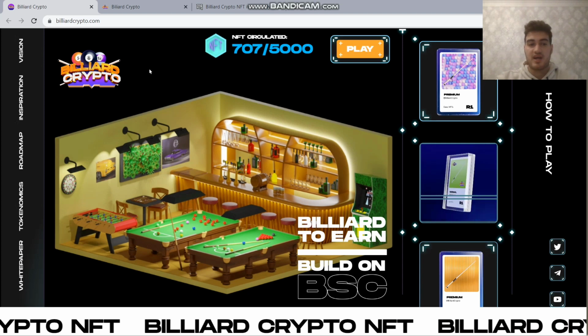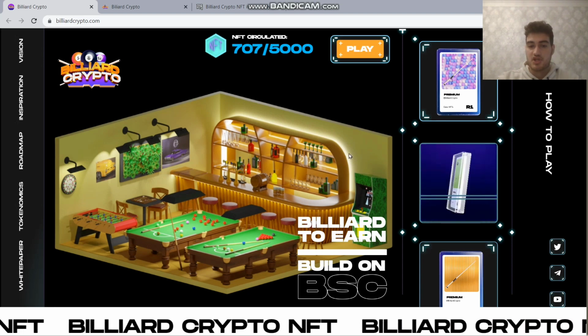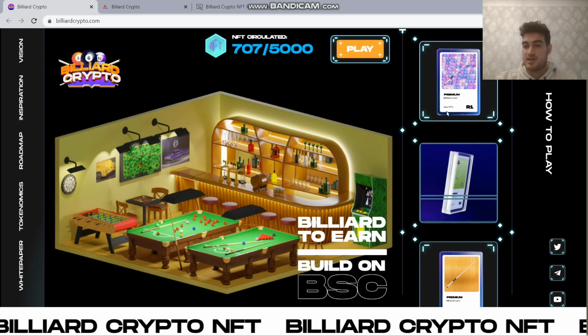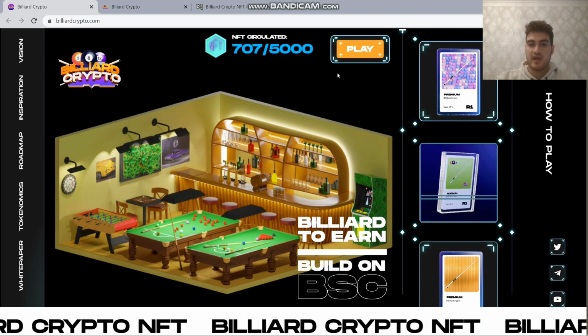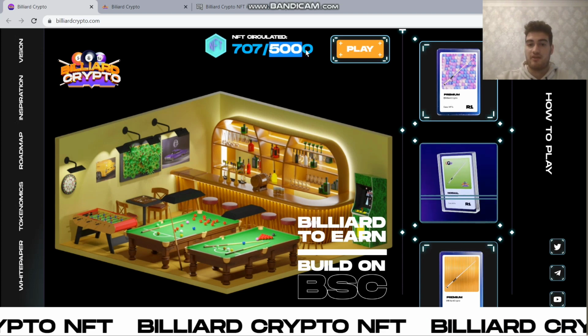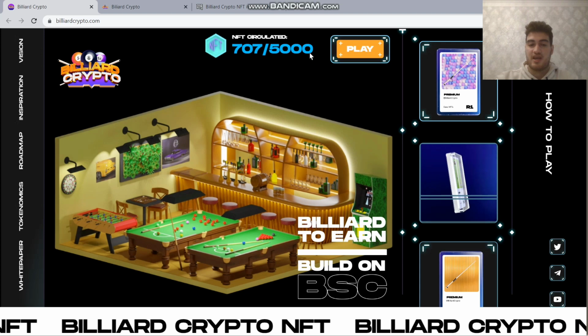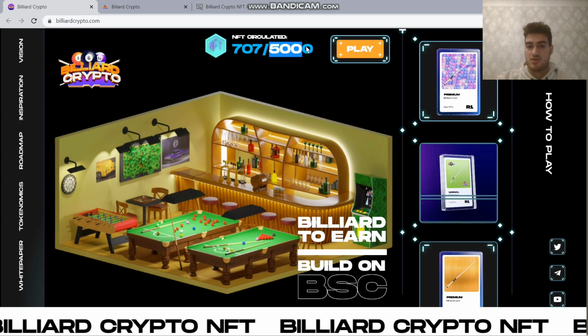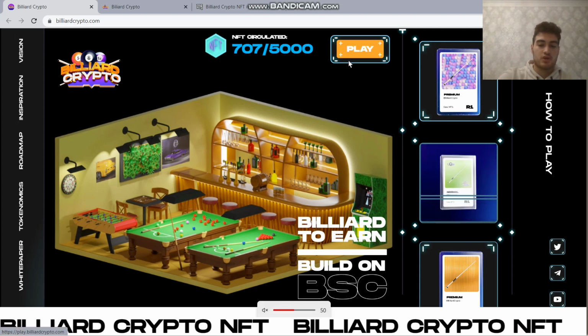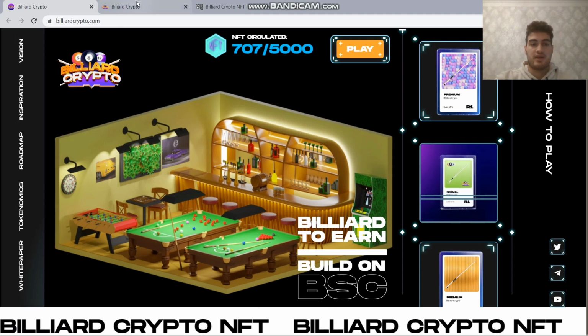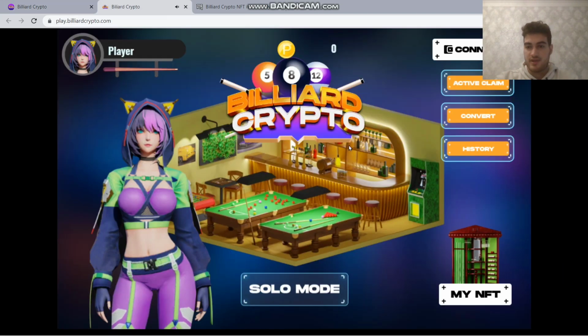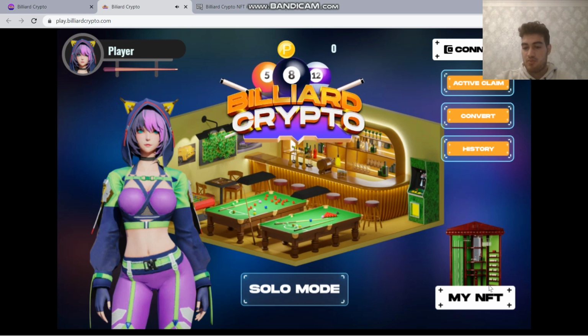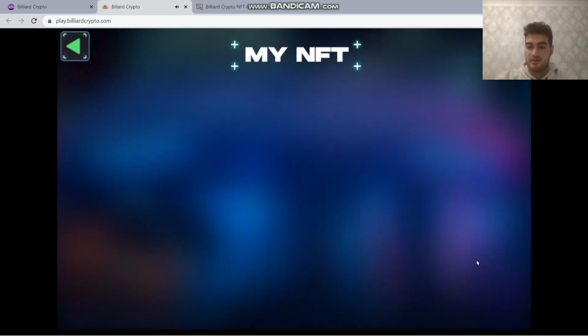Now let me explain how it works. As you can see on the screen, guys, you see the imagination. On the right side you see some of the NFTs, and there is a maximum capacity of NFT. It's 5,000. Its NFT circulation is 5,000. When you click the play button, you will be directed to the website, which is here. You can see in the below part the my NFT.